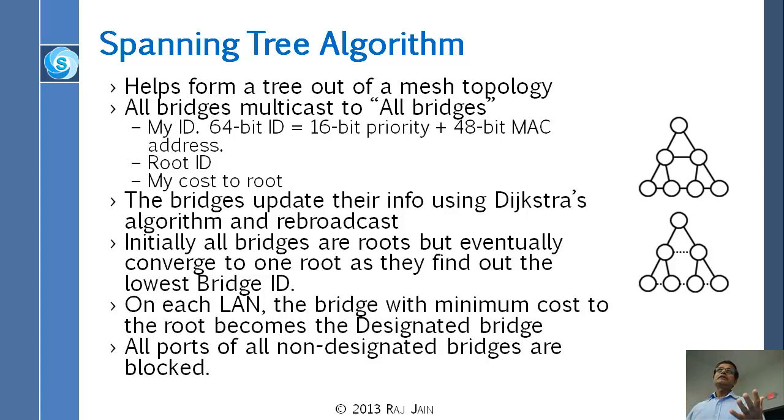And then every bridge, every port has a MAC address. And therefore, we can figure out who has the lowest ID. So taking the 48-bit MAC address and 16-bit priority makes the 64-bit ID. So everybody advertises to the neighbors that, look, my ID is so much and I am the root.